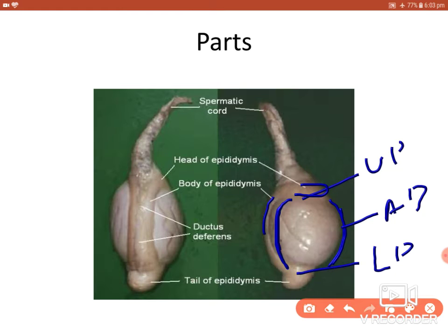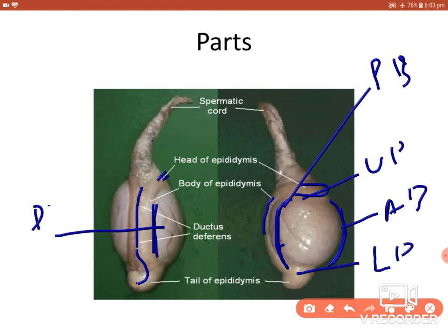So this is the posterior border of the testis. In the first image, you can see this is the head, this is the body of the epididymis, then it forms the tail. This border is the posterior border of the testis.